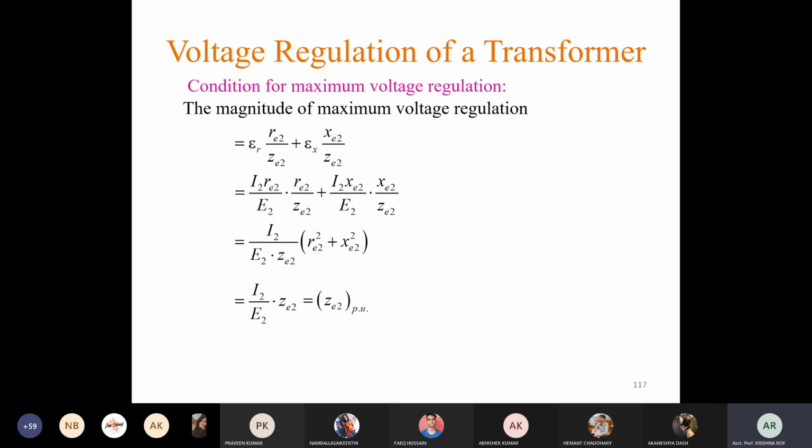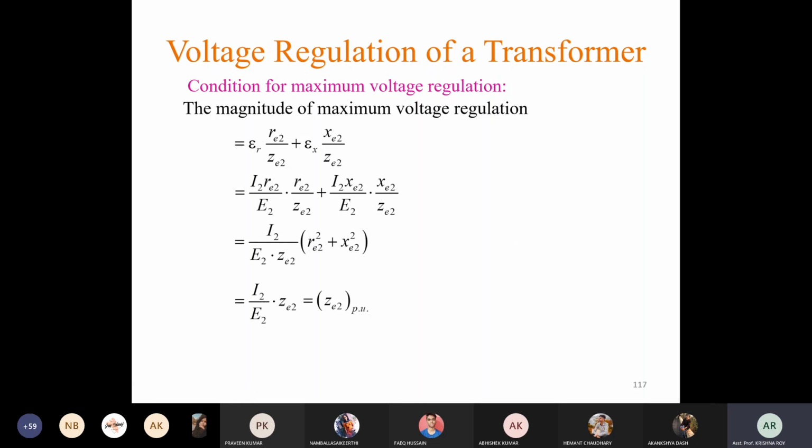That means the maximum voltage regulation will be equal to the per unit impedance of the transformer. Here Re2 square plus Xe2 square is Ze2 square, so one Ze2 gets cancelled out, and E2 by I2 is the base impedance, so this becomes the per unit impedance of the transformer. So maximum voltage regulation is equal to the per unit impedance of the transformer.